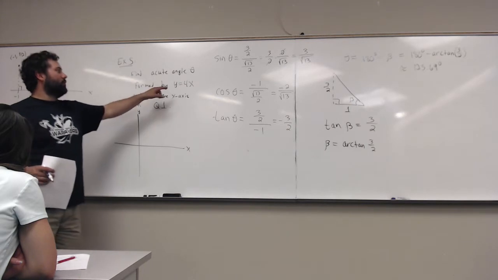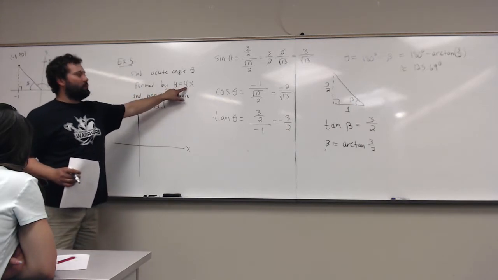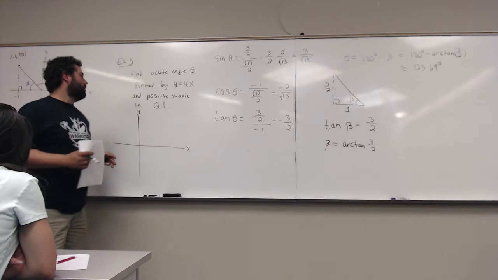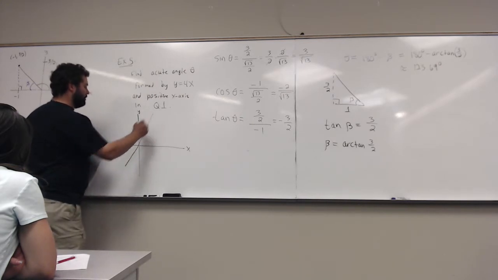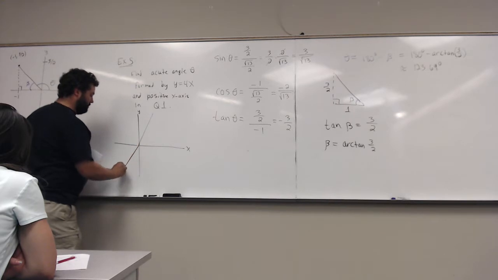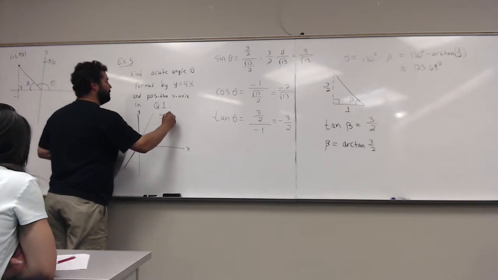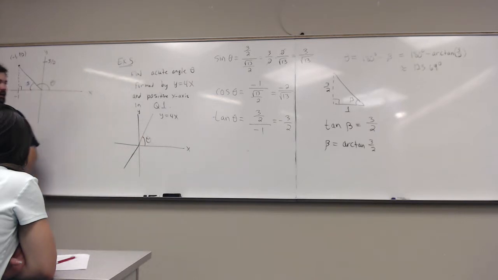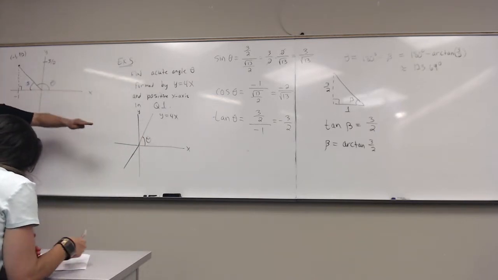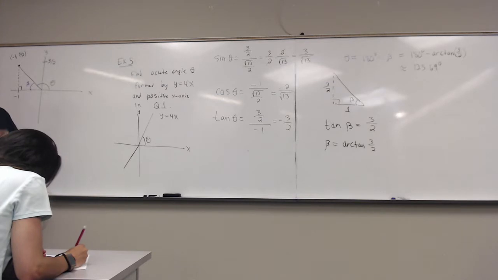Remember this is in the form mx plus b where the coefficient on x is the slope. So this is going to be a little bit steeper than the line y equals x. So this is the line y equals 4x. And what we're trying to do is find that angle right there formed between the line and the positive x-axis in the first quadrant.